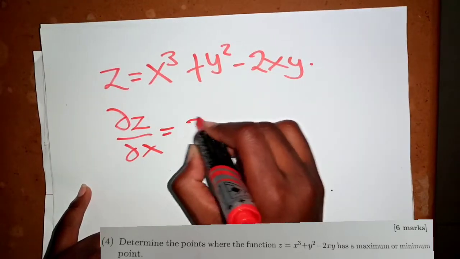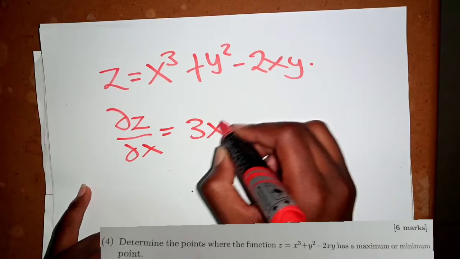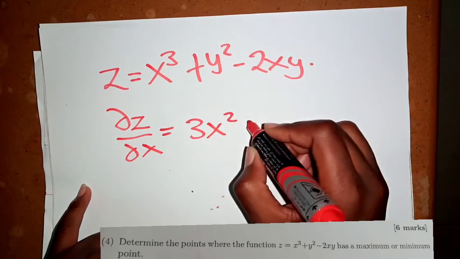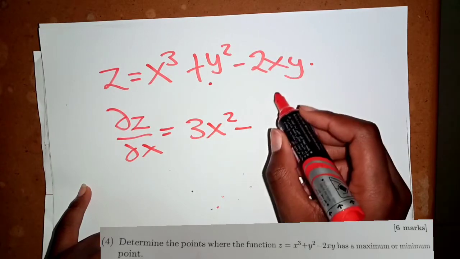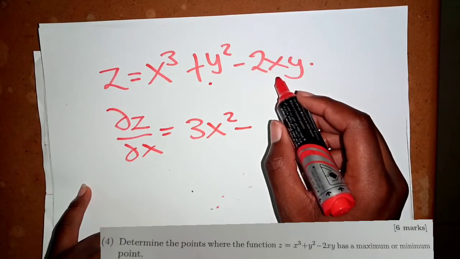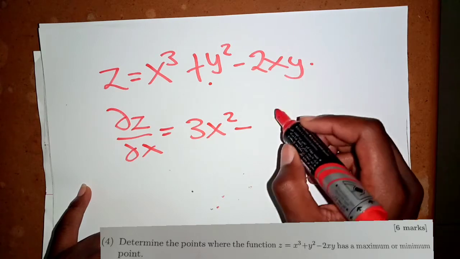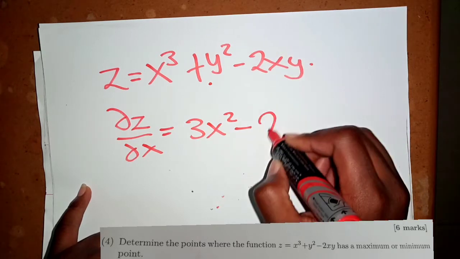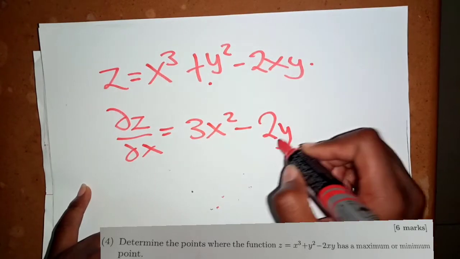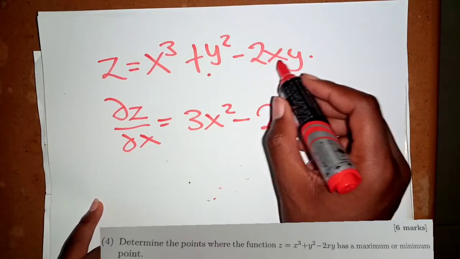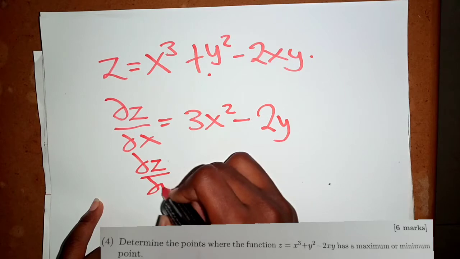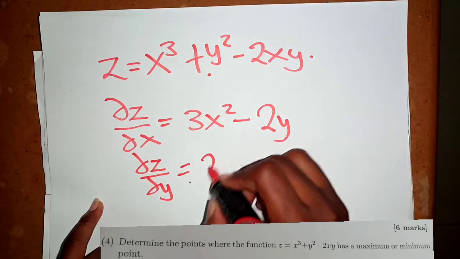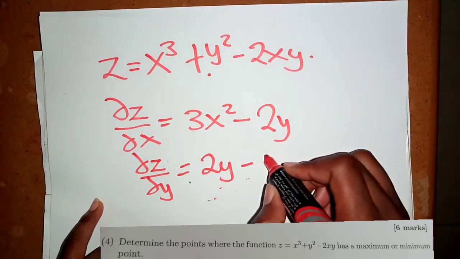This one will be equal to 3x to the power 2, minus 2y, since y is a constant, so the x variable will go out. Then partial dz over partial dy is equal to 2y minus 2x.